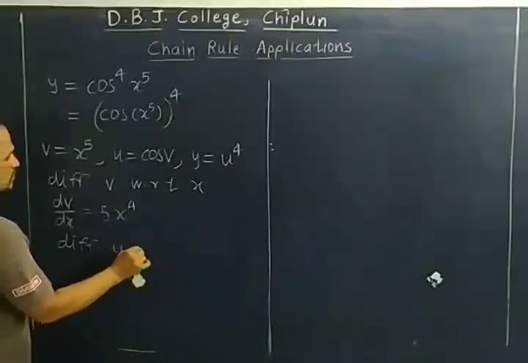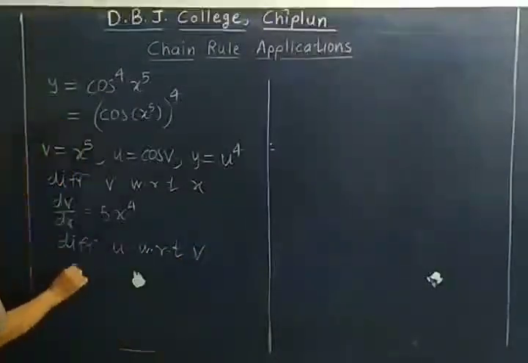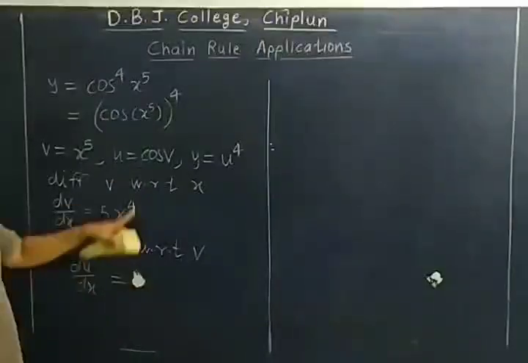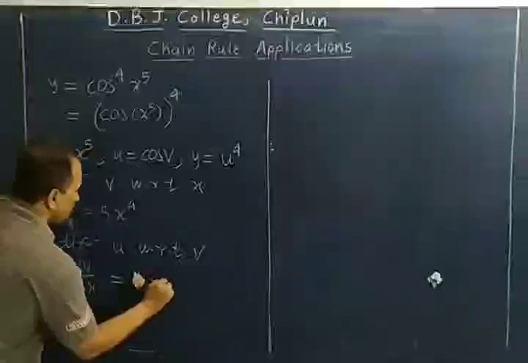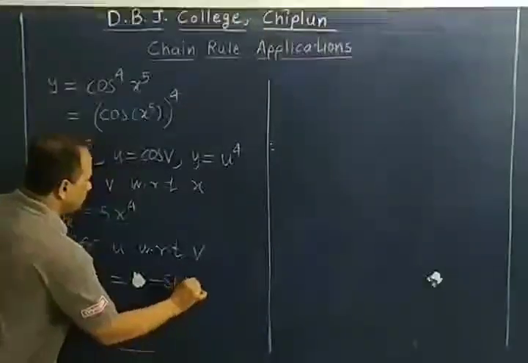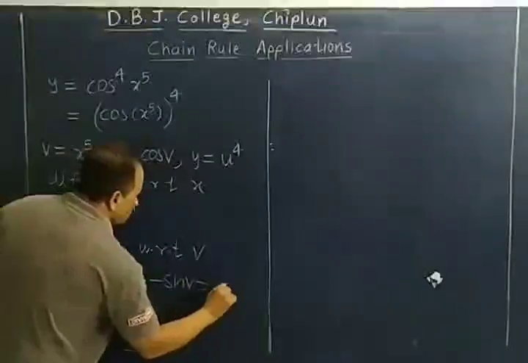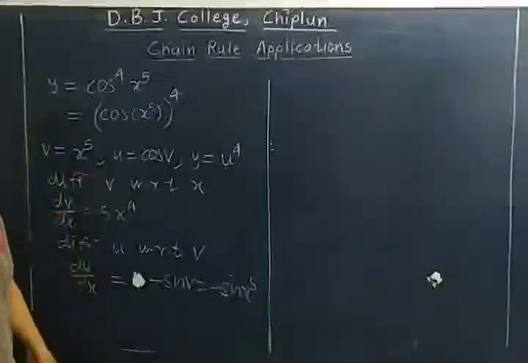Differentiating u with respect to v, du by dv is equal to derivative of cos v with respect to v is minus sin v. But v is x raised to 5, so minus sin x raised to 5.